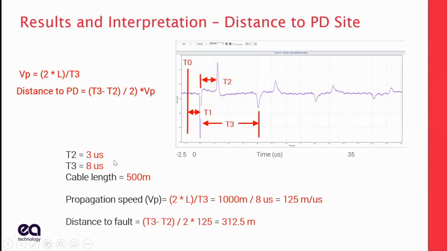In this case, if T2 is 3 microseconds, T3 is 8 microseconds, and we know how long the cable is, it's always important to know that, we can tell that the propagation speed is 125 meters per microsecond, and the distance to the fault is 312 meters. Now, I don't know that it's exactly 312 meters. I know that it's somewhere between 300 and 320 meters.